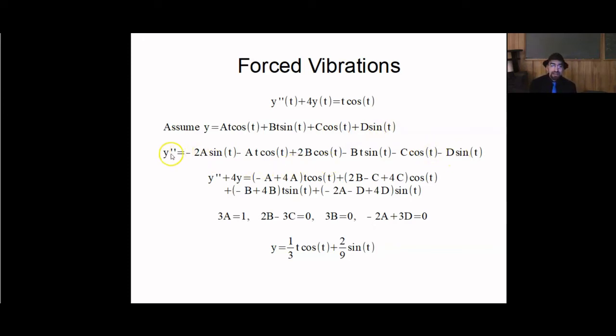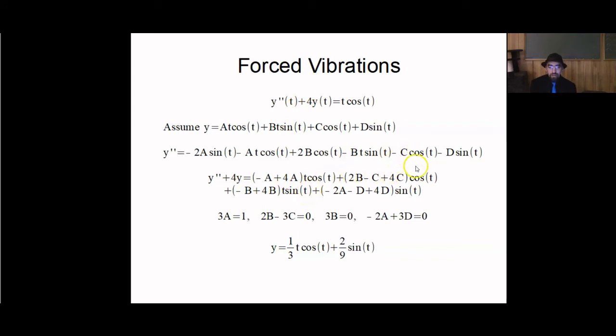I then add in second derivative of y plus 4 times the original. So this algebra happens. I have a negative at cosine t plus 4 at cosine t, because 4y. I have negative bt sine t plus 4 bt sine t.